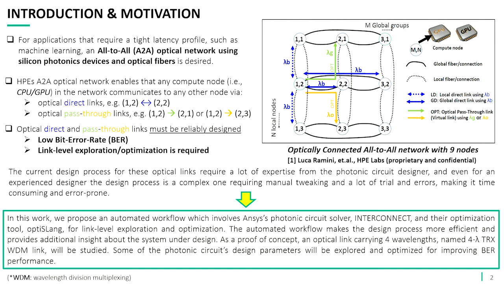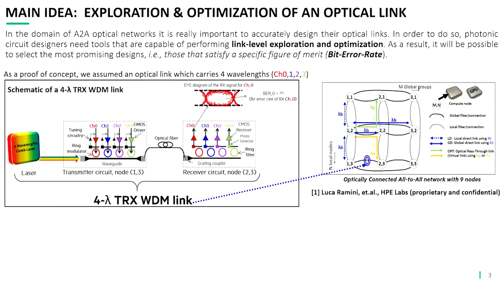And this is why we are proposing this automated workflow that will use ANSYS's photonic circuit solver INTERCONNECT along with the optimization tool optiSLang for link-level exploration and optimization. So the main idea is to give the photonic circuit designer the necessary tools for this task so that they can pick the best design easily to meet their needs.